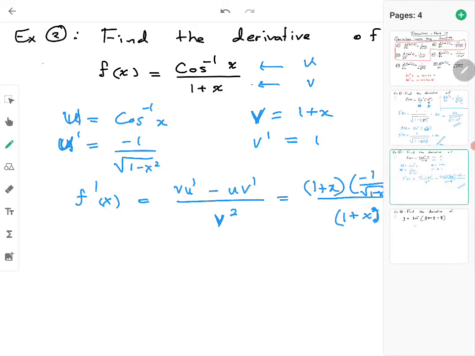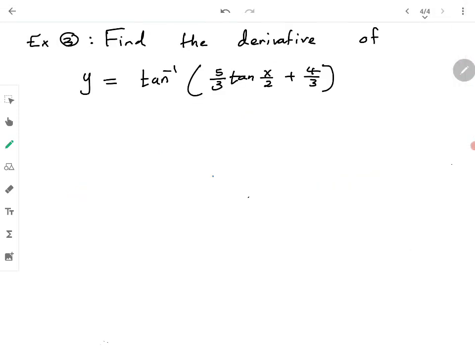So let's do one more example. This is a function involving the tan inverse function. We have y equal to tan inverse of this expression inside, and we want to find the derivative of that. So let's first recall the derivative of tan inverse.